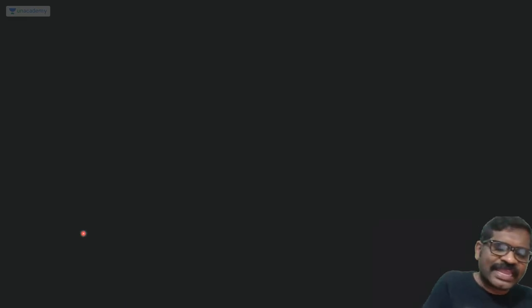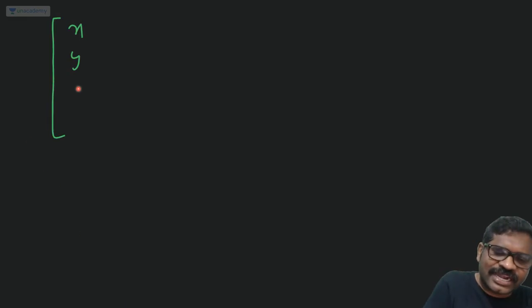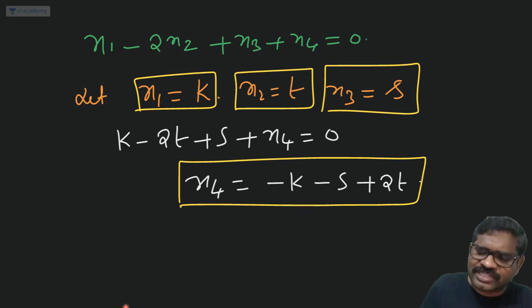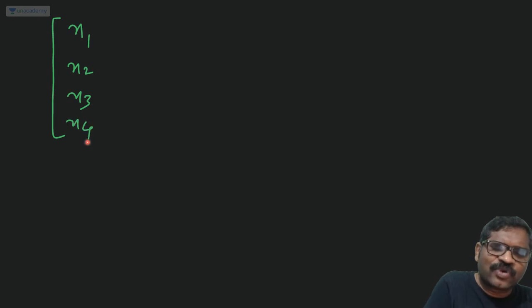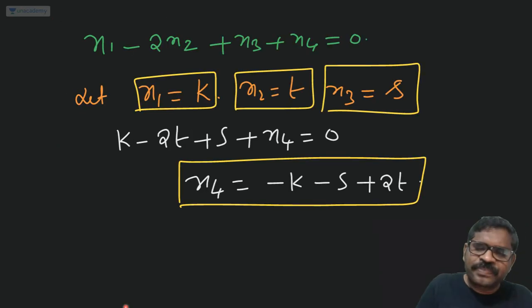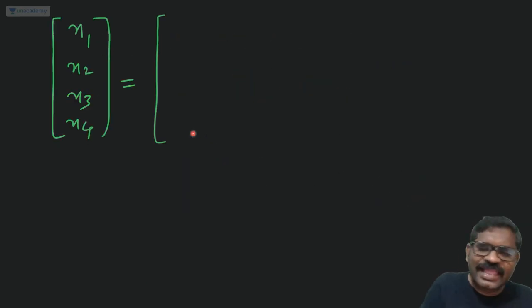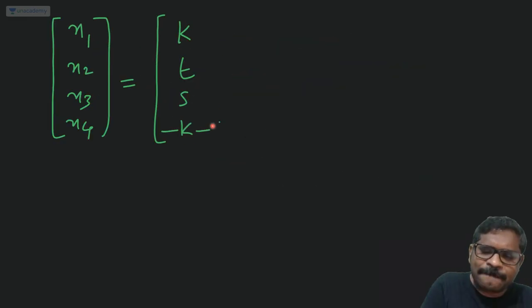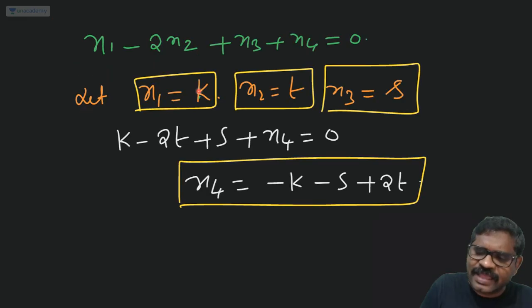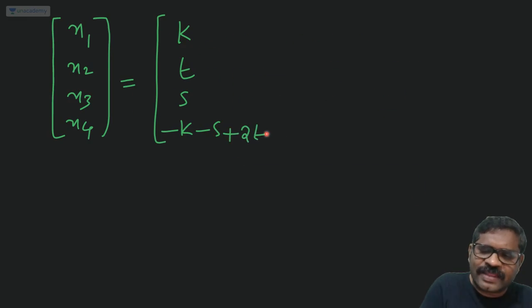Now the solution vector x, with components x1, x2, x3, x4, equals k, t, s, and the fourth one, minus k minus s plus 2t.